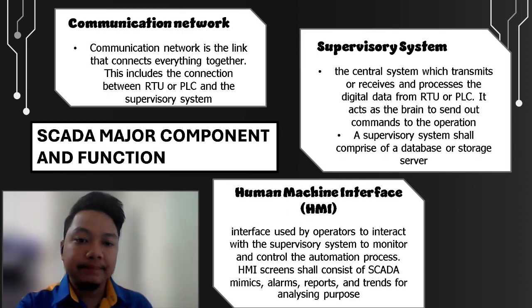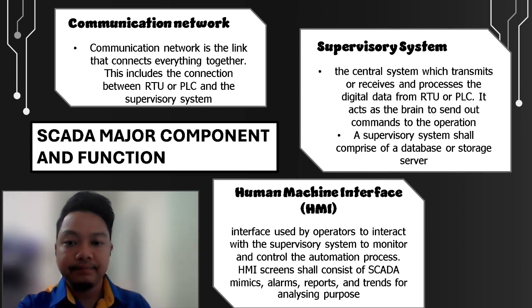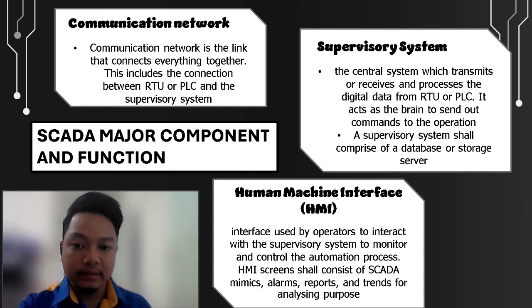Next, the communication network. The communication network is the link that connects everything together. This includes the connection between RTU or PLC and the supervisory system. Next is the supervisory system, the central system which transmits, receives and processes the digital data from RTU or PLC. It acts as the brain to send out commands to the operation.